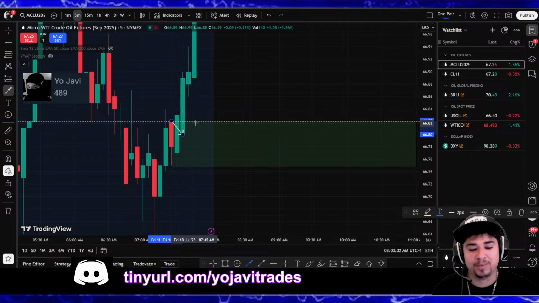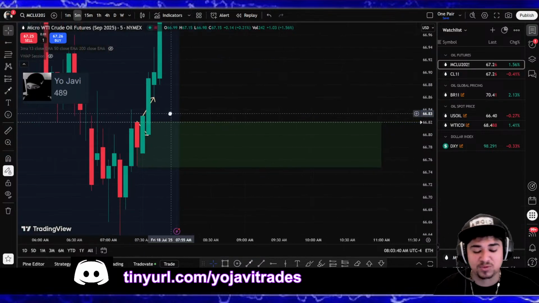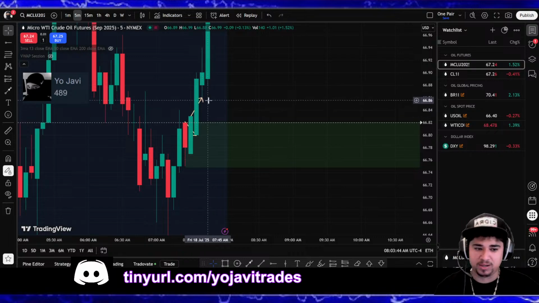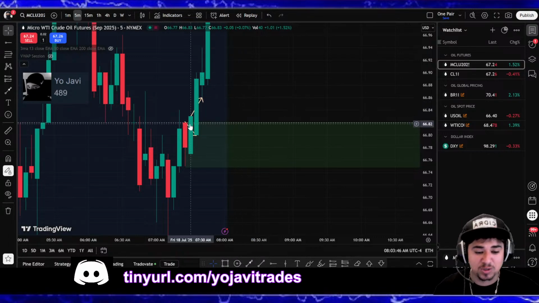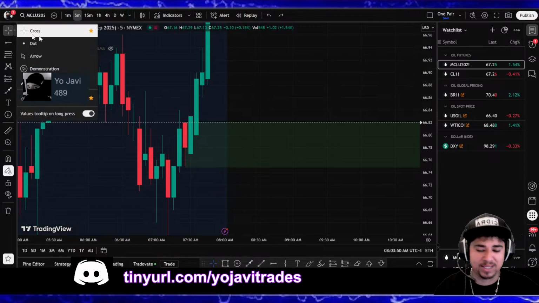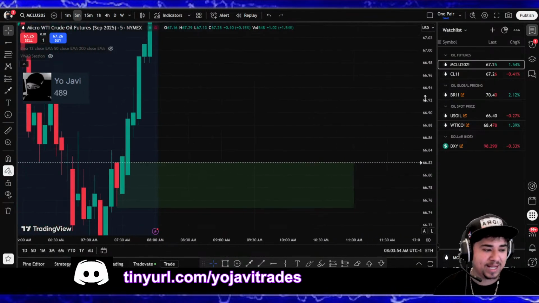There is no gap in front of the zone. Now there is a gap from here to here, but that gap is not in front of the zone. That's really the main thing. Back then, I used to take setups that had a gap anywhere, but it's not anywhere. It has to be right in front of the zone. That's the strategy. I didn't make that up, but that's what makes it high probability.